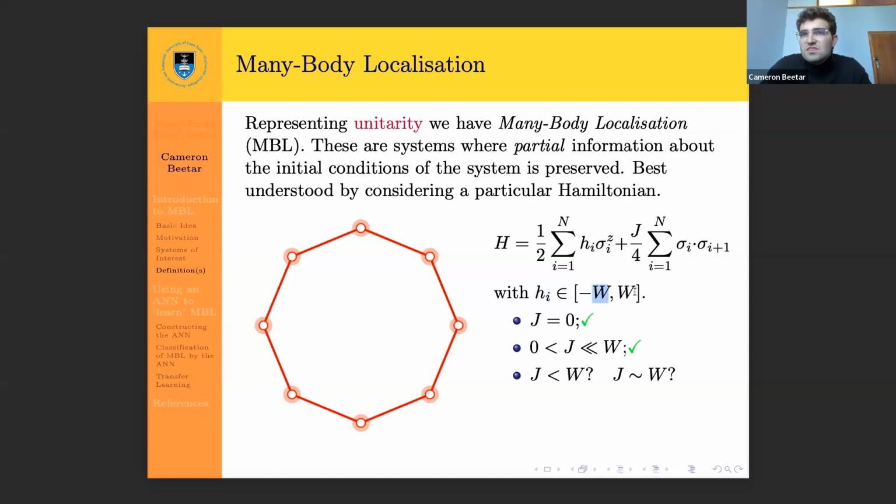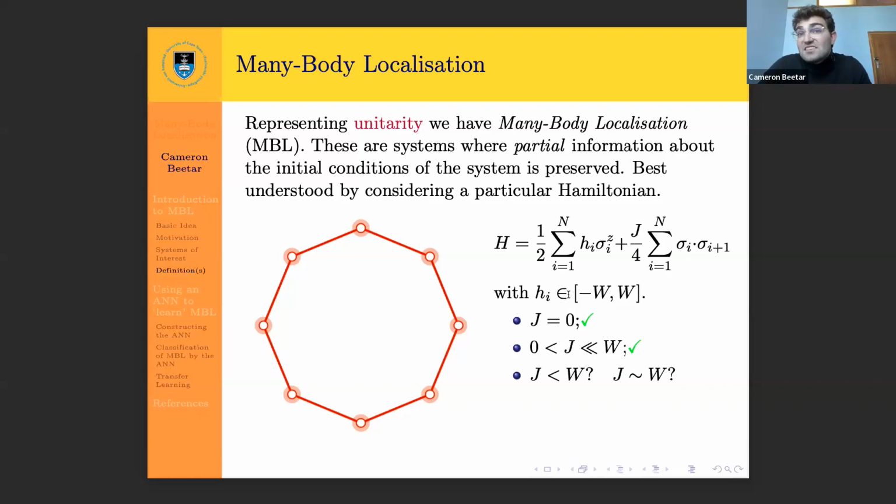And we're going to call W this factor here, the disorder parameter. So at each site, we're going to randomly sample a value between minus W and W, and we're going to localize it at that point. And we're going to do this for many realizations of the data so that you have a large number of these that you can average over and talk about.